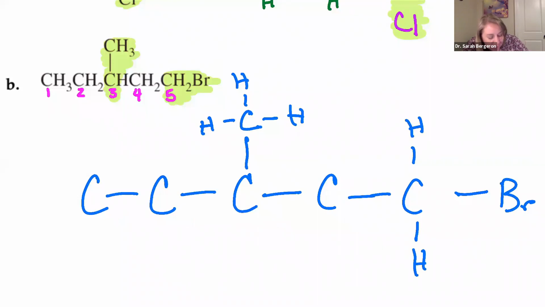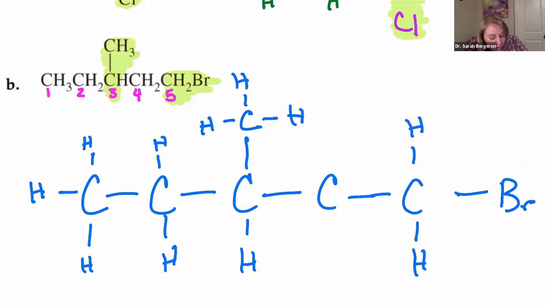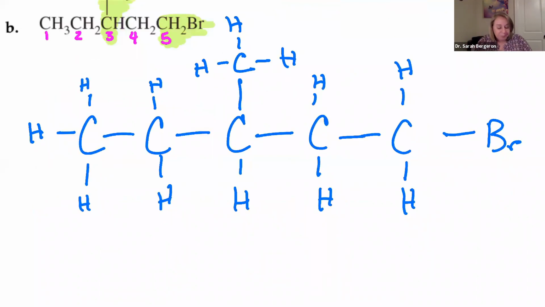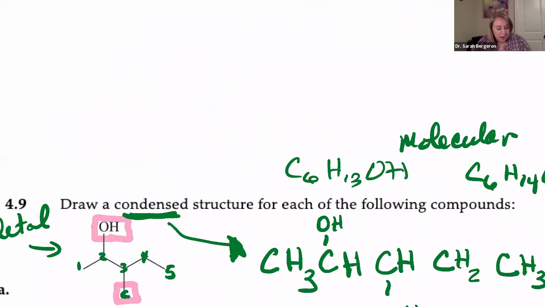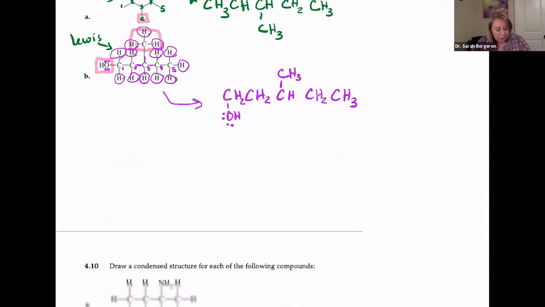Then I'm going to make sure that my carbons and hydrogens are the same. Carbon 1 had 3 hydrogens. Carbon 2 had 2 hydrogens. Carbon 3 only has 1 hydrogen because it's already got 3 bonds. Then carbon 4 has 2 hydrogens. And our structure is complete. All right, let's see, we're going down. Gotta zoom out a little bit.